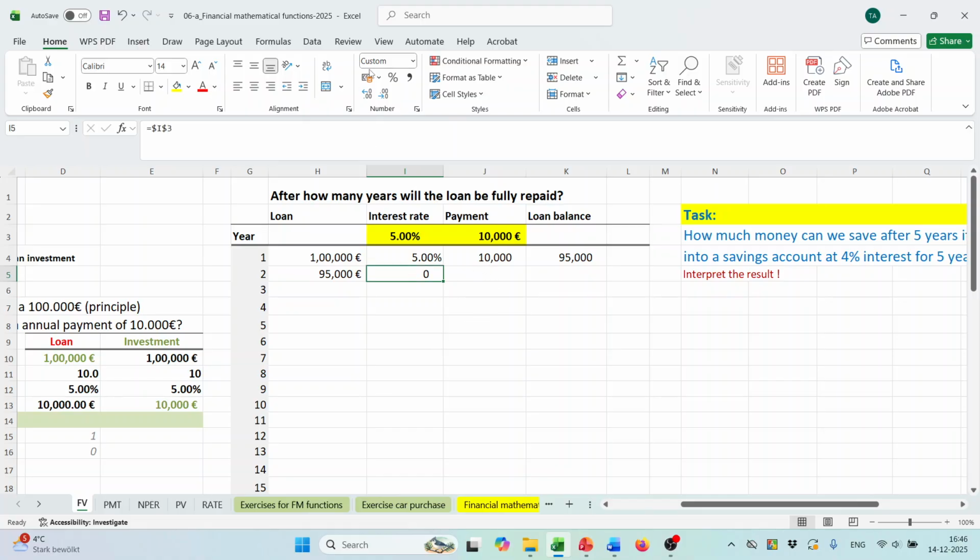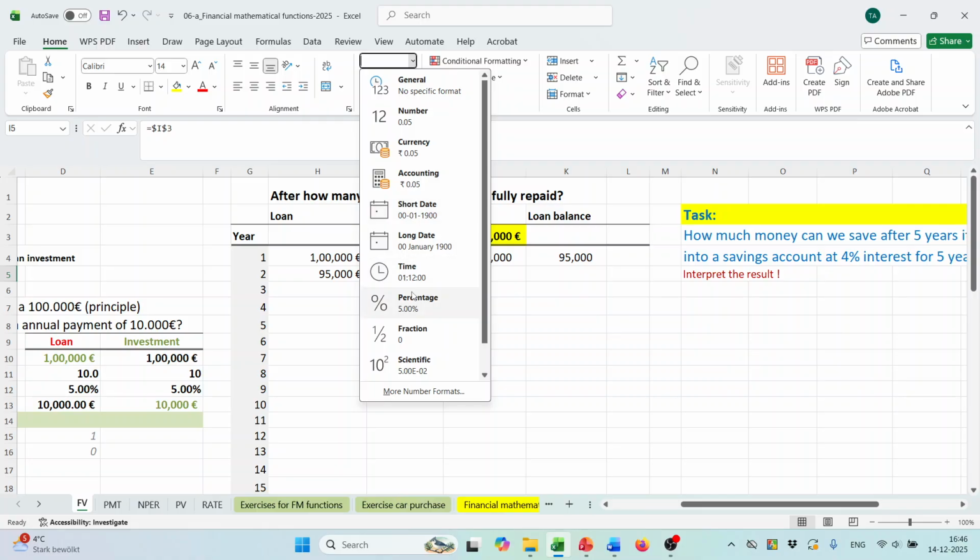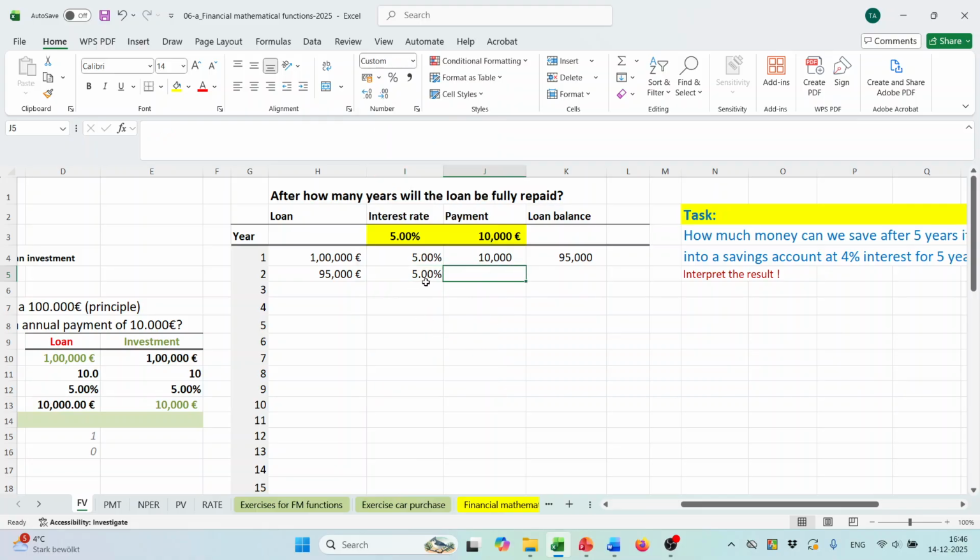Sorry, I need to format it as a percentage. And the payment is also the same for every year, it is 10,000. I can also fix it.